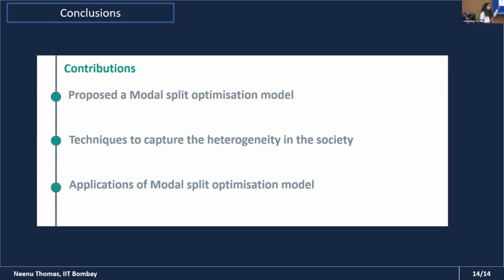Because the application of this model is beyond what I showed. Basically, if I add a new mode to the city, let's say we are adding a monorail, or if we are removing a paratransit like an auto rickshaw, how the mode split is going to change, and by that how the emission is going to change, we can identify that.